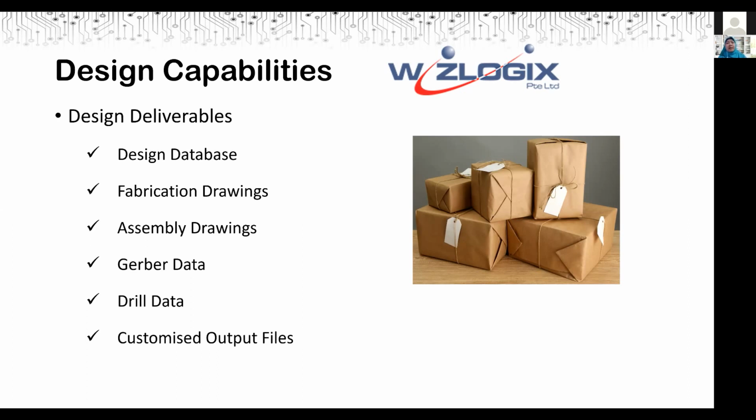Gerber data will be your 2D vector format data for manufacturing process. Drill data, this will be in a format called NC drill, meant for the location of all the drills, for your vias, for mounting holes, for your component holes, as well as its quantity. And any customized output file required by our customers or by you.